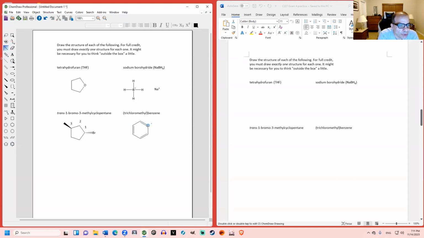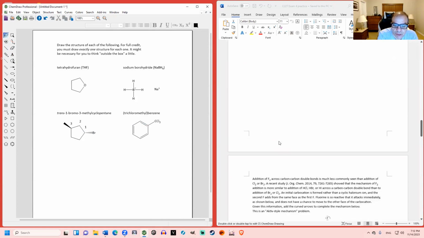And so trichloromethyl benzene, instead of a CH3 group, would have a CCl3 group. So I think there's enough information in that name to figure out the structure. That's pretty much it for that page.